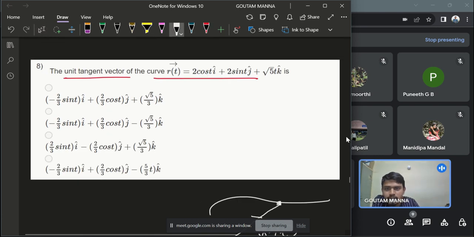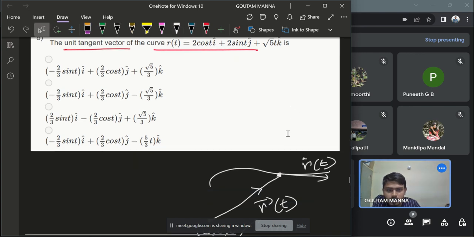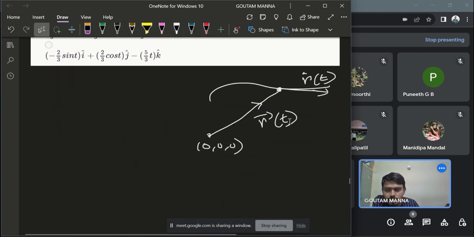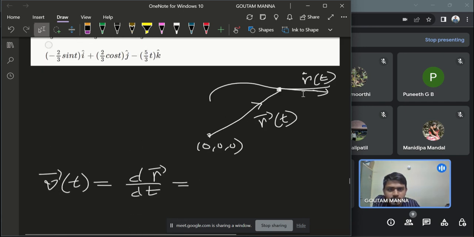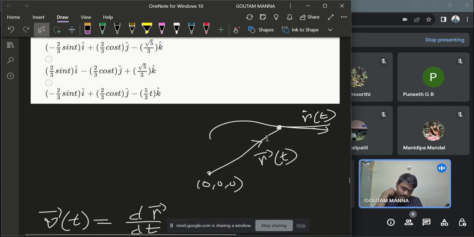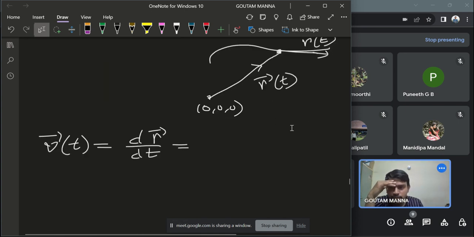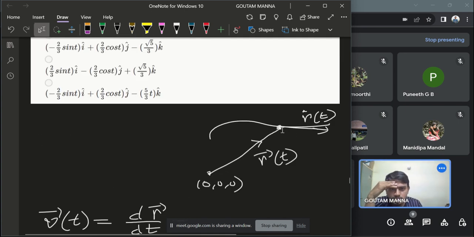The tangent direction will be the direction of velocity, that is r dot, so call it v t, which is dr dt. Why this velocity direction is the tangent direction was already shown in the class, so I will not prove that again.